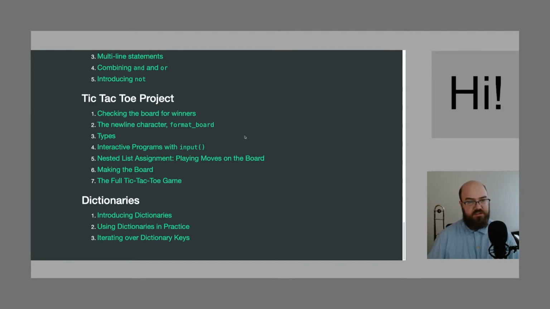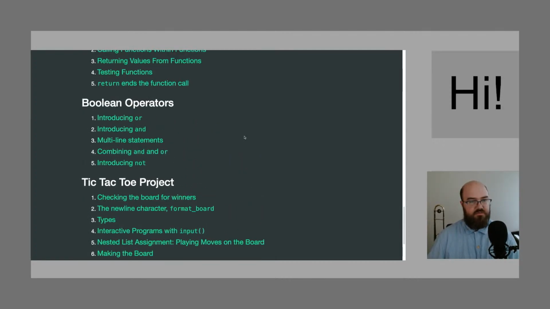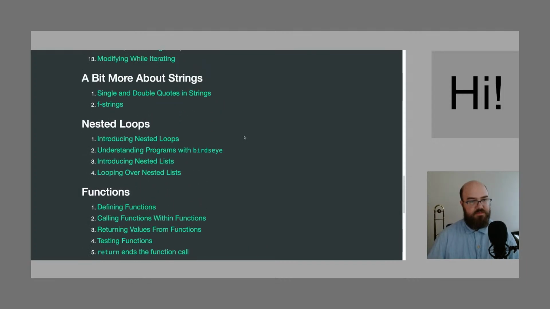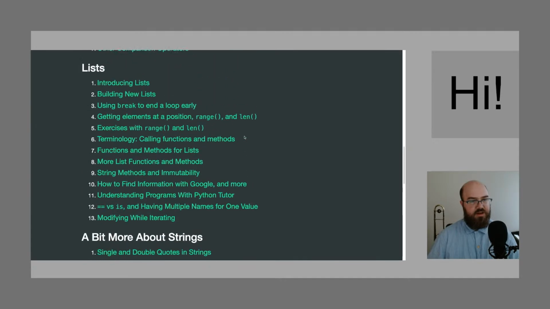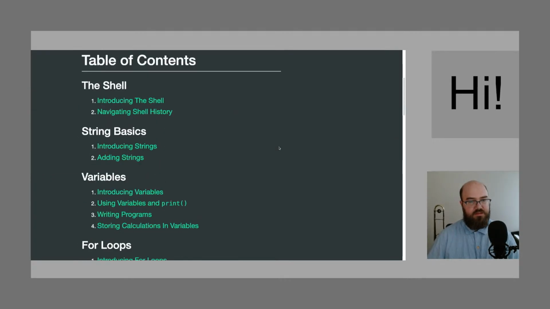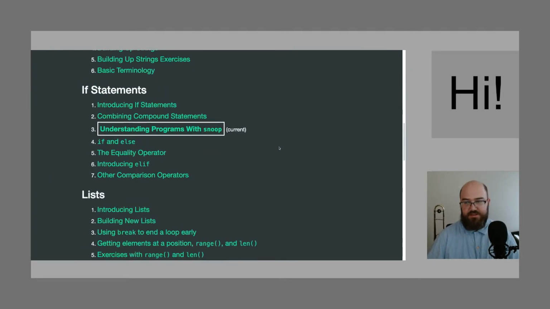Okay, we have a tic-tac-toe project, we have dictionaries, Boolean operators, functions, nested loops, and here we are, there's lists, and we're in if statements. It says we're almost halfway through, although I think it may move a little more slowly as we get onto more parts of it.